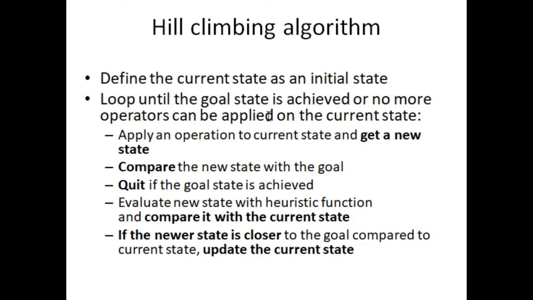So there are two conditions to terminate this algorithm: if we achieve our goal state, or if we cannot apply our operators on any state, then we can also terminate our loop. Apply an operator to the current state and get a new state. Compare the new state with the goal. Quit if the goal state is achieved.